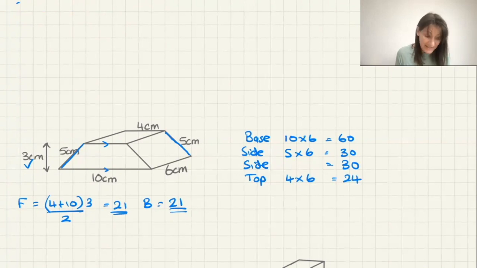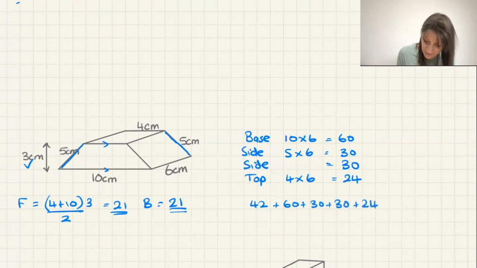And then I'm going to add all of that together. So I've got the 42 front and back, plus the 60, 30, 30, and 24, which is going to give me 186 centimeters squared.